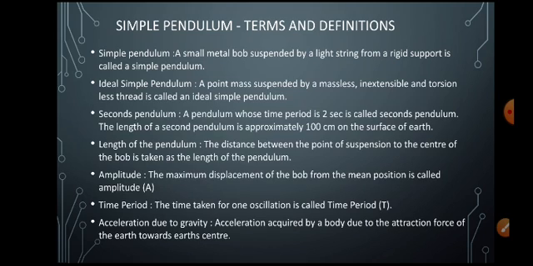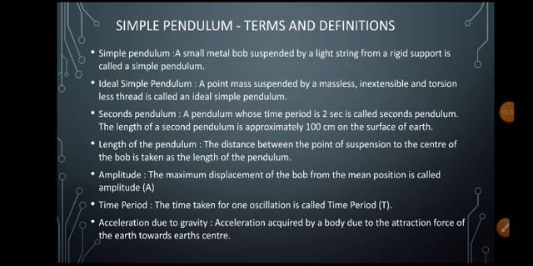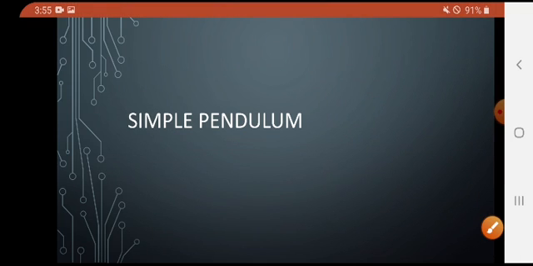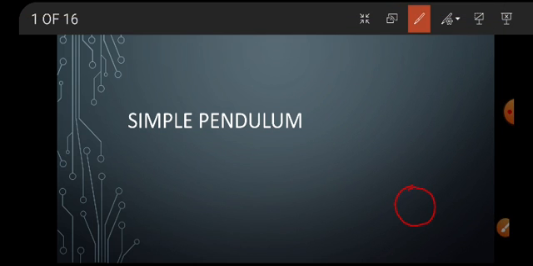So a simple pendulum is a metal bob suspended by a light string from a rigid support. Simple pendulum is a metal bob attached from a rigid support with a string.